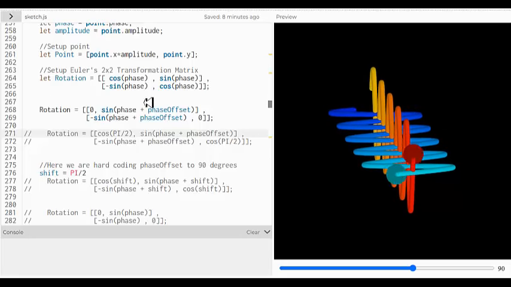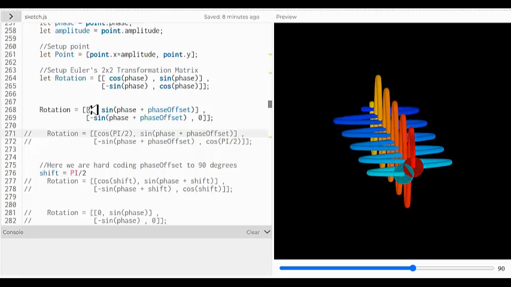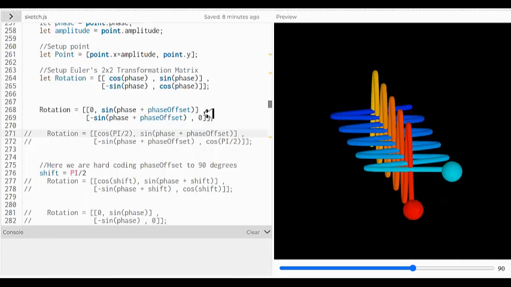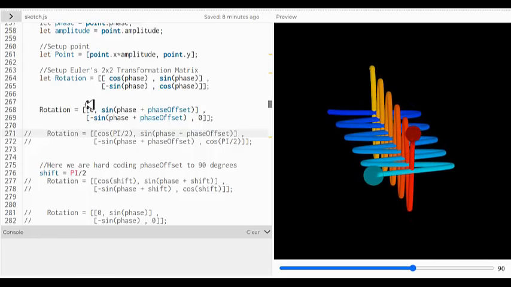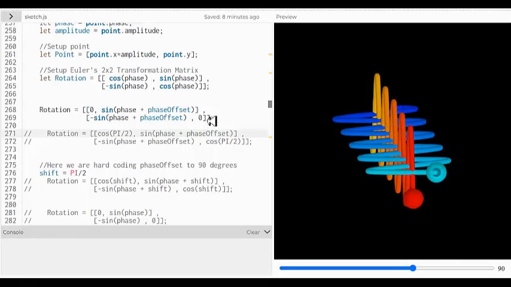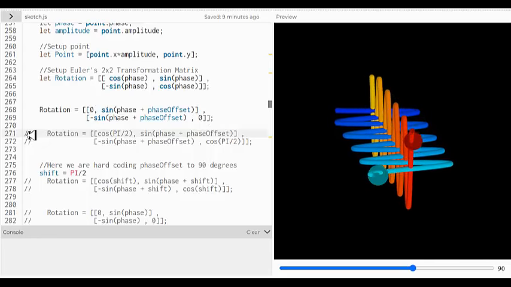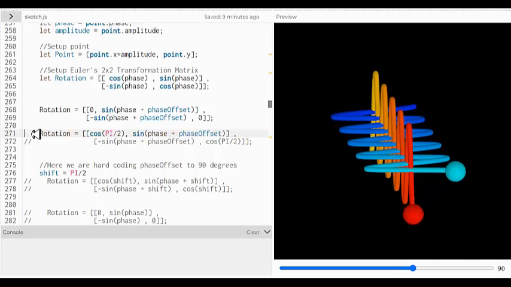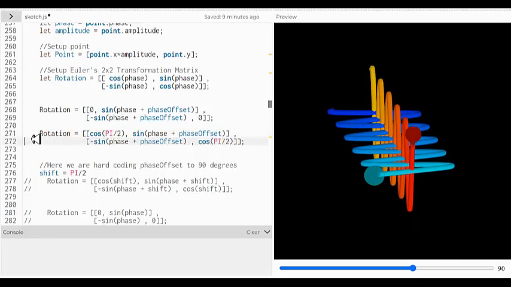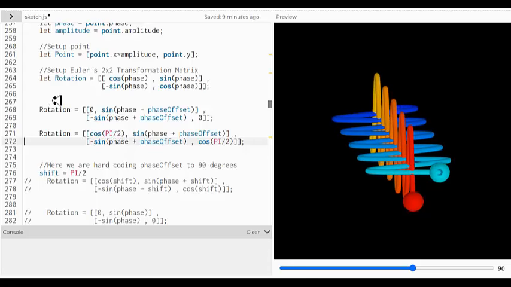So looking at this here, we see that we set the cosine term to 0, but I don't really want a 0 term in my matrix. I would prefer that we put that back to a cosine term. The cosine of pi over 2 is equal to 0.